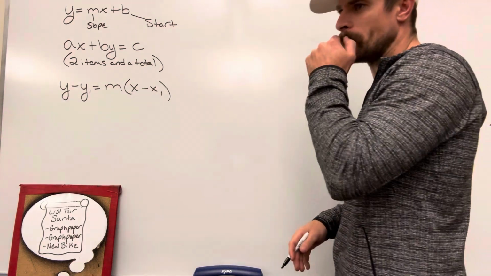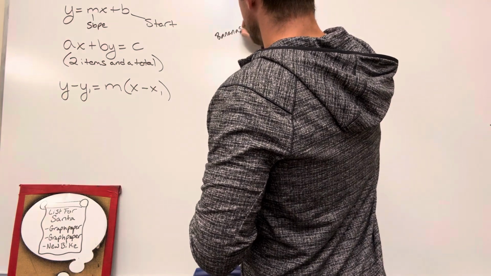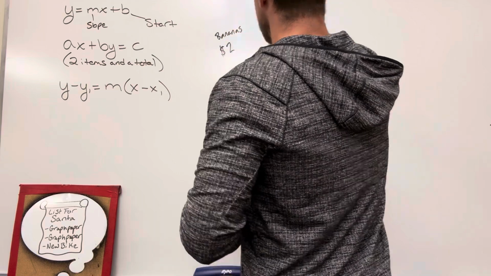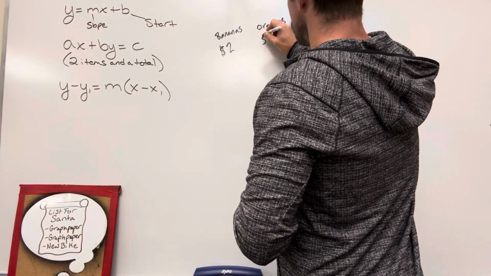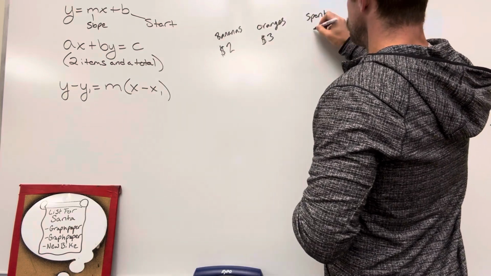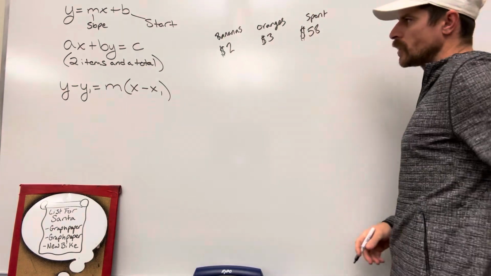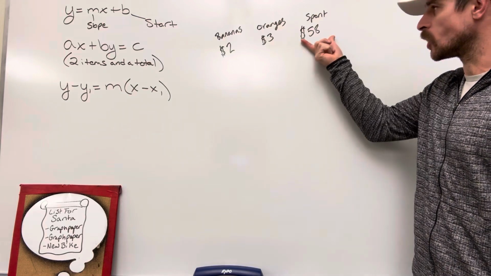Okay, here's an example. Let's say apples and bananas are $2 a pound. Oranges are $3 a pound, and we spent $58 at the store. Just making up some information for you real quick. All right, well, if this is the case, if we spent $58, that's a total.